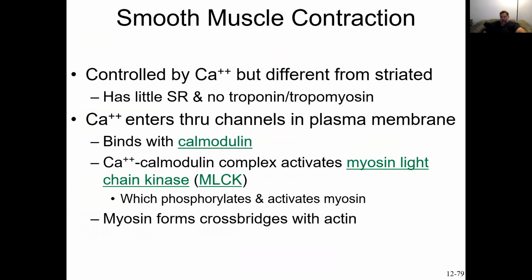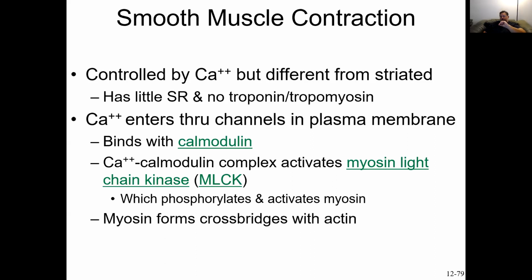Remember, calcium was critical for having skeletal muscles contract by the calcium attaching to troponin and moving tropomyosin out of the way. So this is really important. There's no troponin or tropomyosin in the smooth muscles, so that is not being utilized.